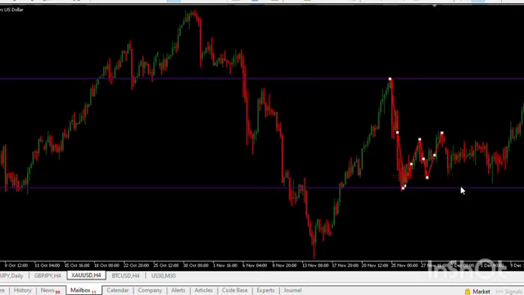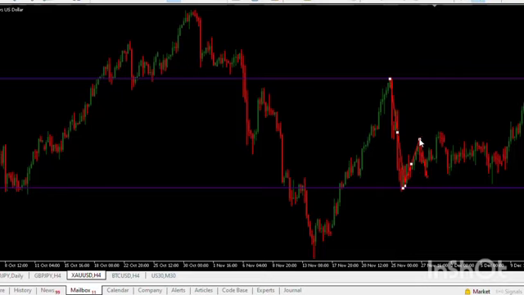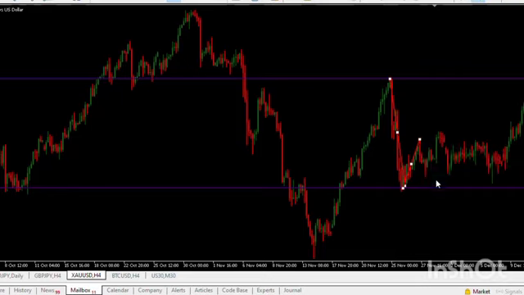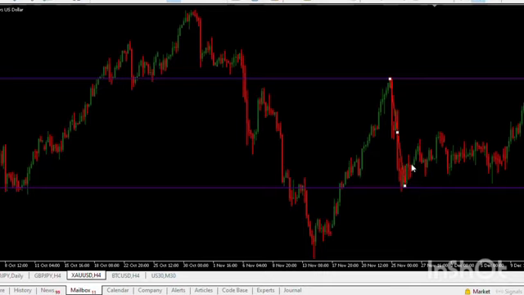All right, so very quickly now, having said this, we've been able to spot our supports, same as the demand. We've been able to spot our resistance, same as the supply. We've also been able to spot a few reversals.